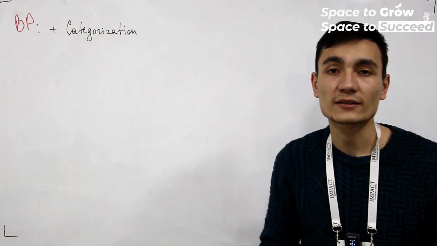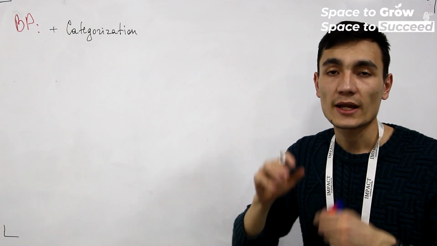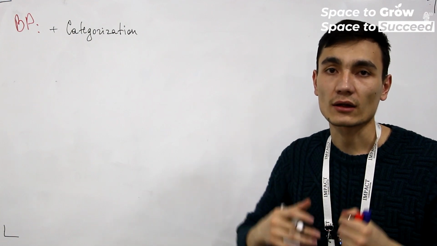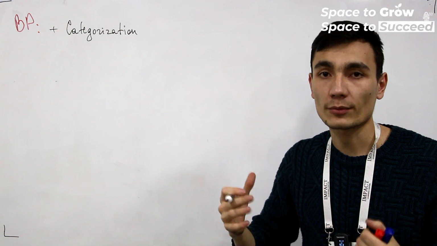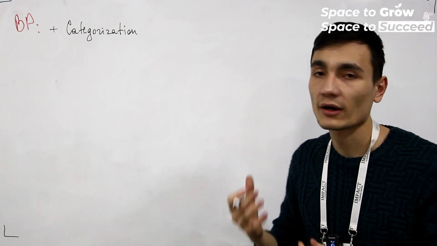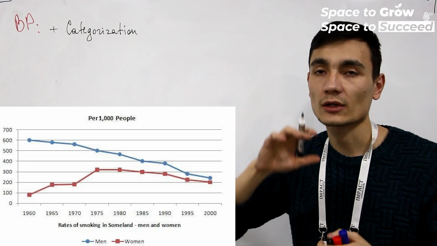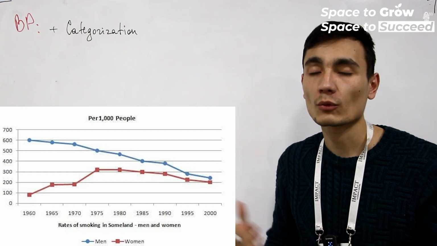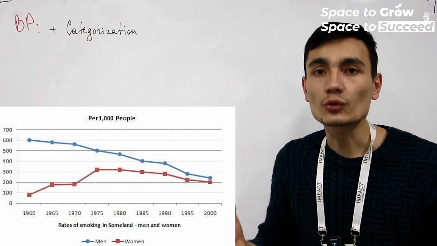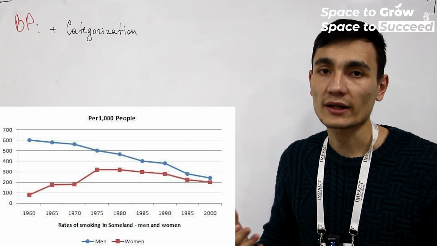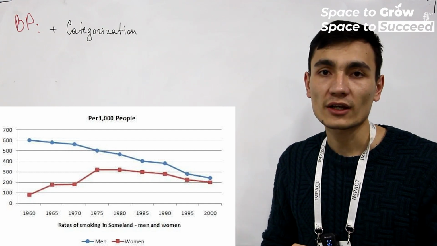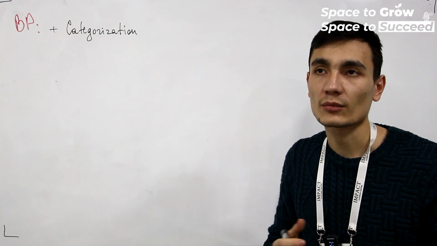Categorization basically means giving information in different categories, giving lines in different body paragraphs. For example, in our case, we have 2 lines, one is about males, second one is about females. So we're gonna have 2 body paragraphs in our essay. But in your case, it can be 4, it can be 3, it can be 1.